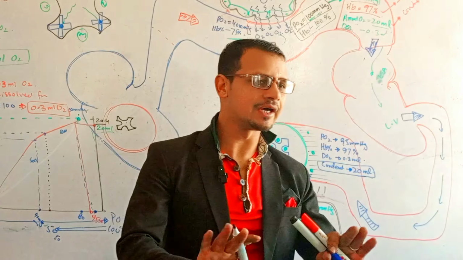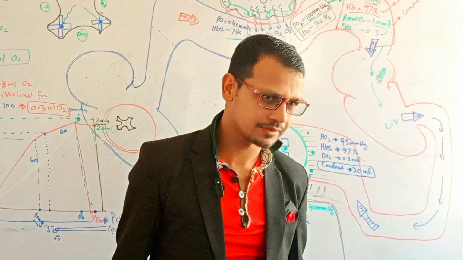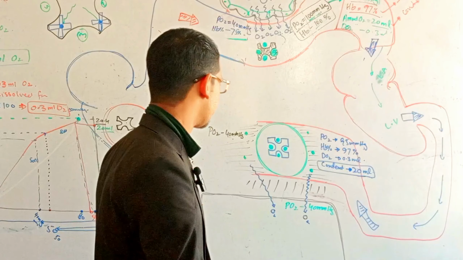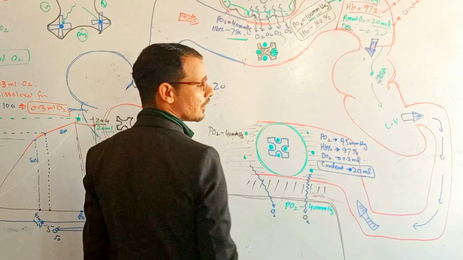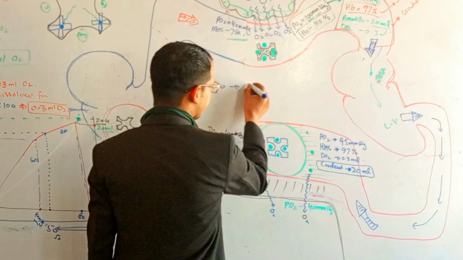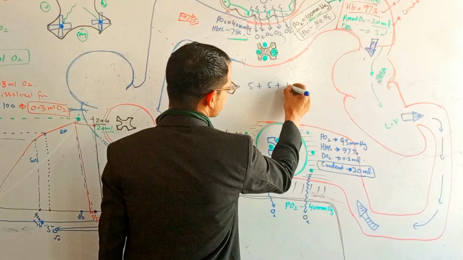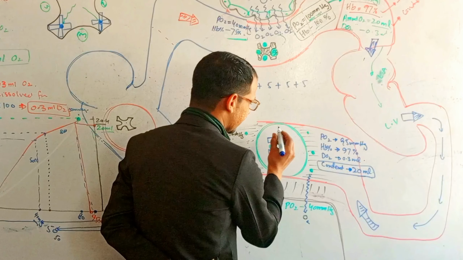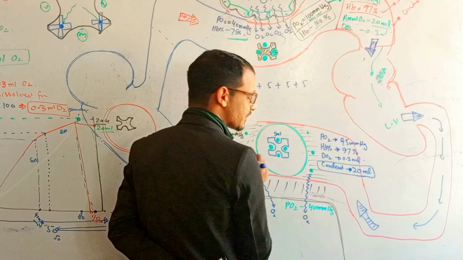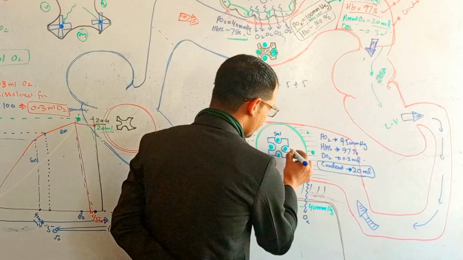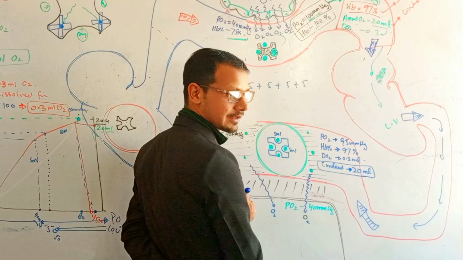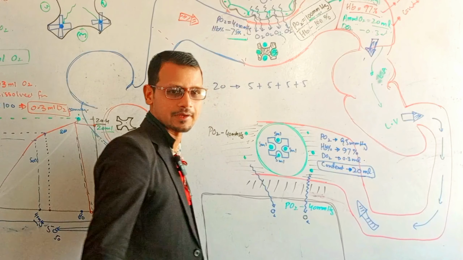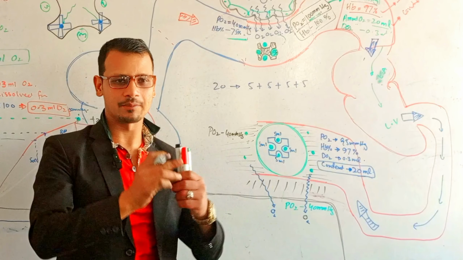If we divide this 20 into 4 parts, we will get 5 plus 5 plus 5 plus 5. Now I mean that 5 ml of oxygen is binding here, 5 ml of oxygen is binding here, 5 ml of oxygen is here, and 5 ml of oxygen is here. This is the whole 20 ml.